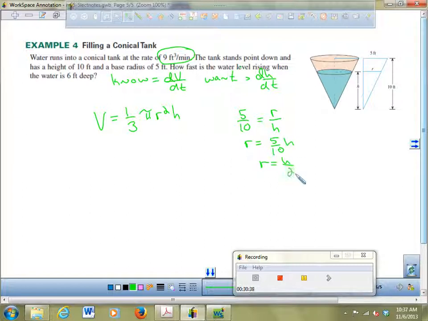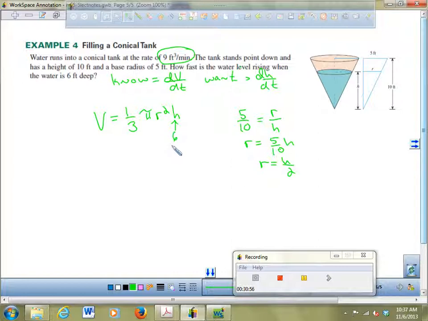Who has a question? Why isn't the height 6? Because it says the water is 6 feet deep. Why can't you use that 6, if I just plugged in 6 in here right now? What's the point of them giving you that 6? Because those rates are constantly changing, right?